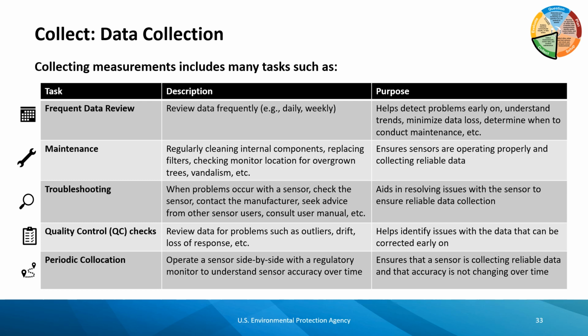Troubleshooting and resolving problems with the sensor ensures reliable data collection. Quality control checks, which can include reviewing data for problems such as outliers or loss of response, help to identify data issues that can be corrected early on. Lastly, periodic co-location helps monitor for changes in sensor data accuracy over time.